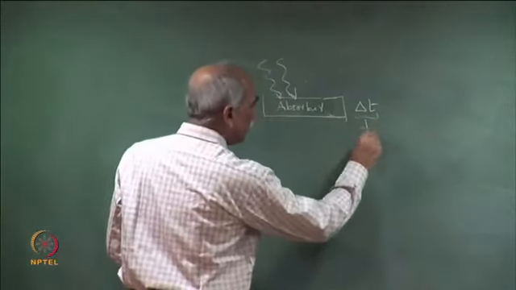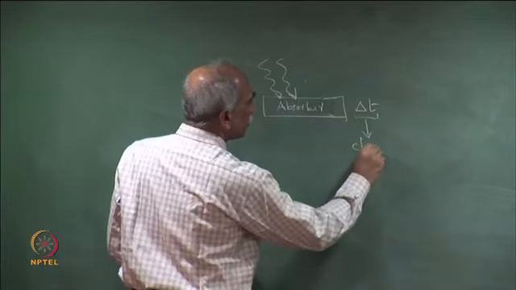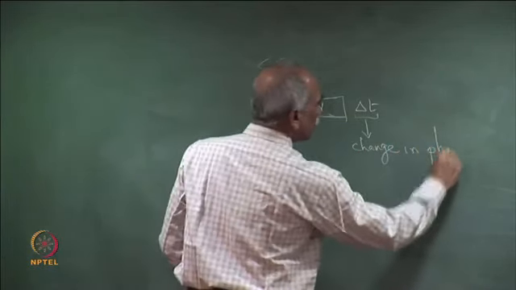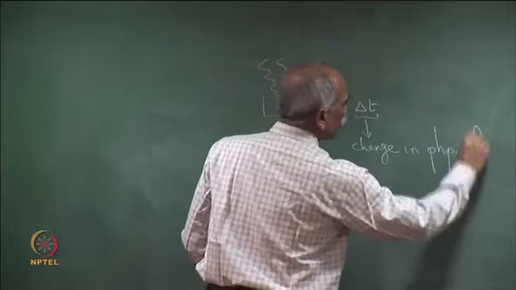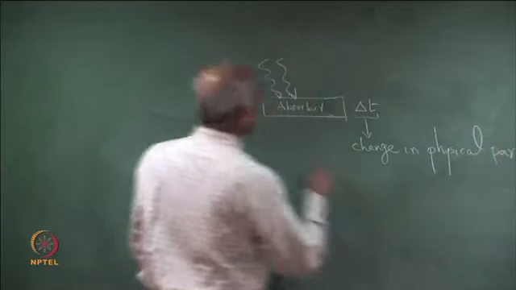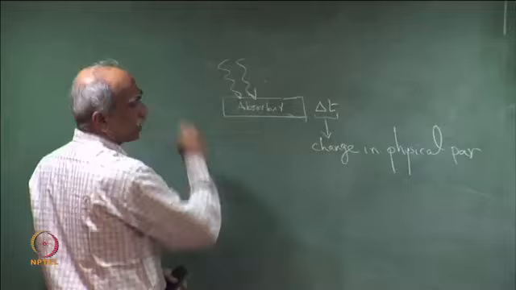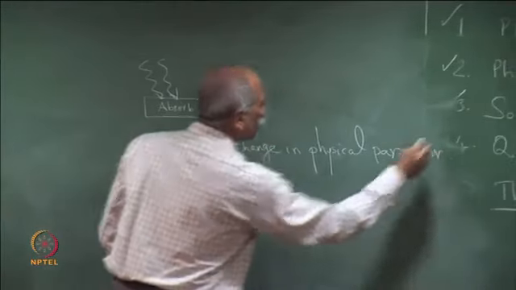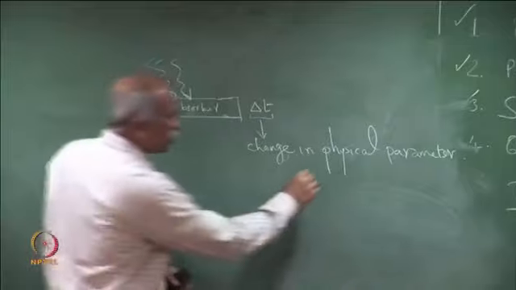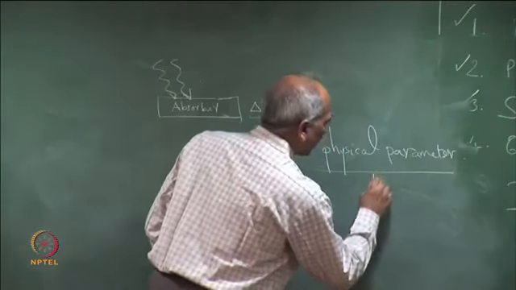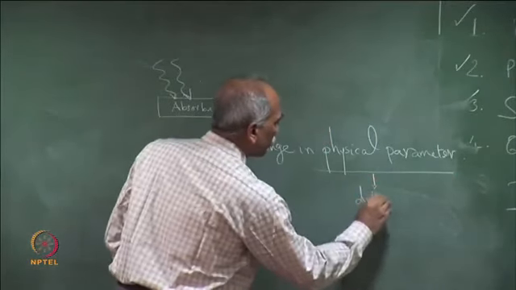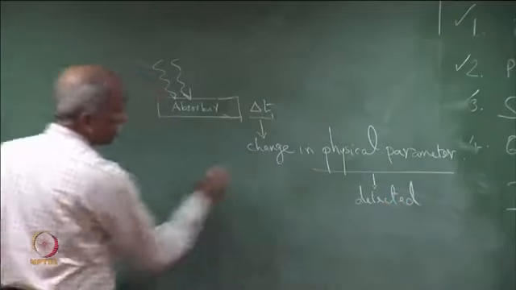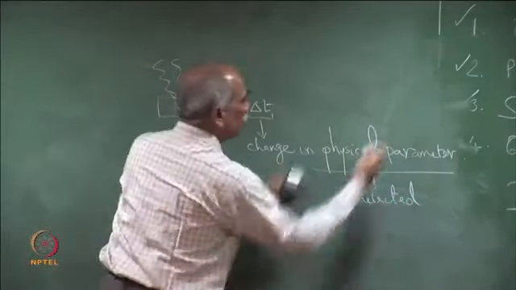So, delta T leads to a change in a physical parameter of this absorber material, and this change in physical parameter is detected. So, what is the change in physical parameter? What all parameters could be changing?